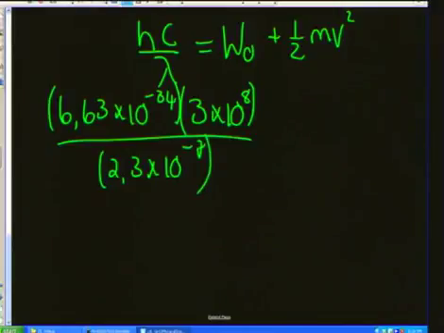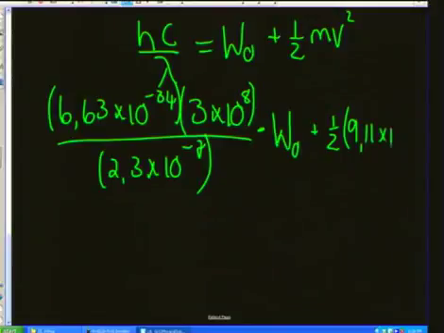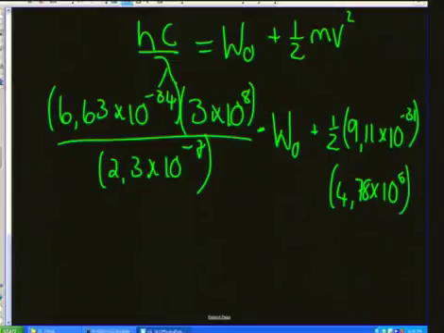I want W0. Okay, so this becomes a half. The mass of an electron, you will actually go and look that up because I don't know it off by heart. But when we look it up, we get that it's 9,11 times 10 to the minus 31. It is the most ridiculously tiny little thing, but that's okay. And the speed, which was given to you in the question, is 4,78 times 10 to the 5 squared.